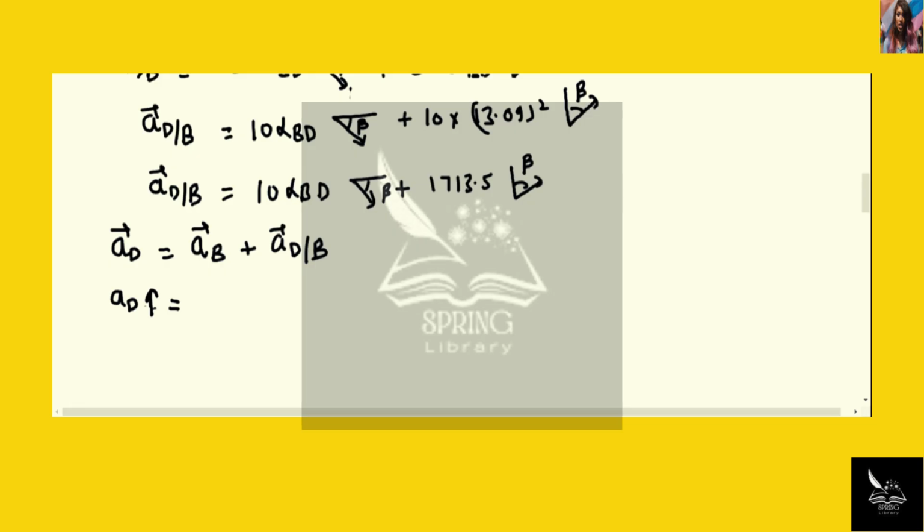The acceleration of B is 5483 inch per second square along this direction, plus this value already written above, 10 alpha BD in this direction.